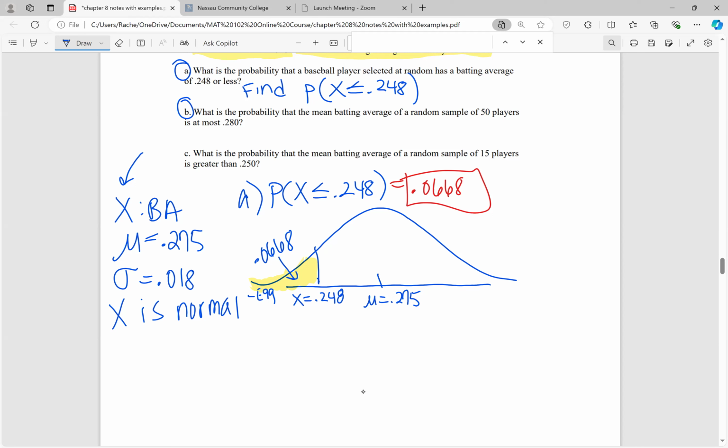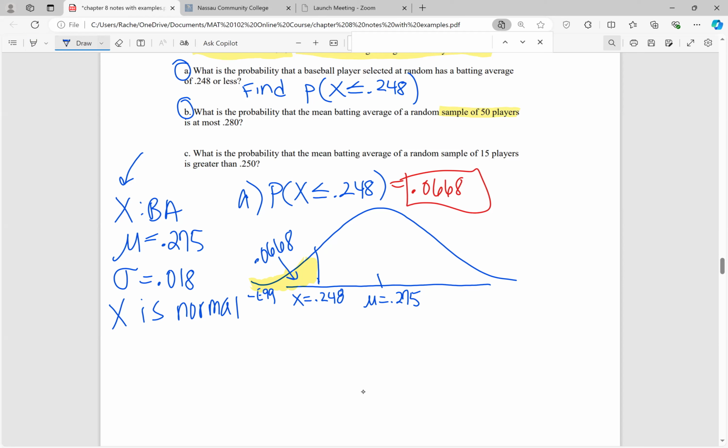But what's the big difference from part A and from every question that we did in chapter 7? I see it right here. We're sampling now. We didn't do that in chapter 7. We were just taking a data value at random and we wanted to know, okay, what's the probability that it's greater than, less than, between? But now look what I'm doing.